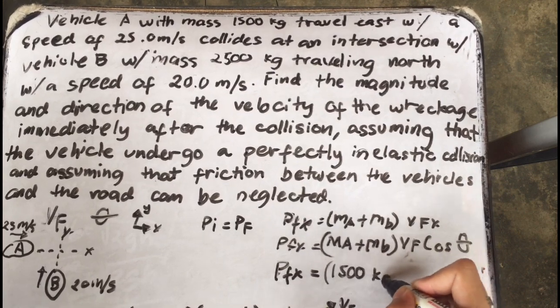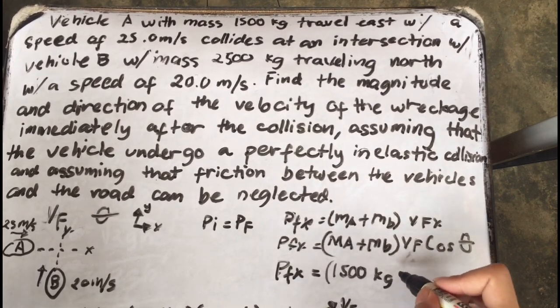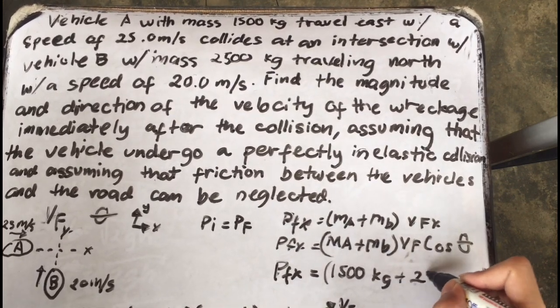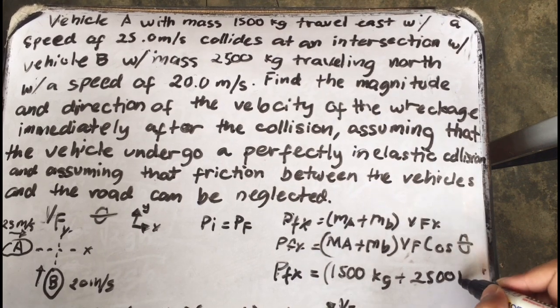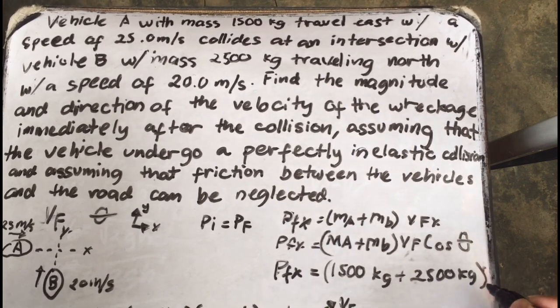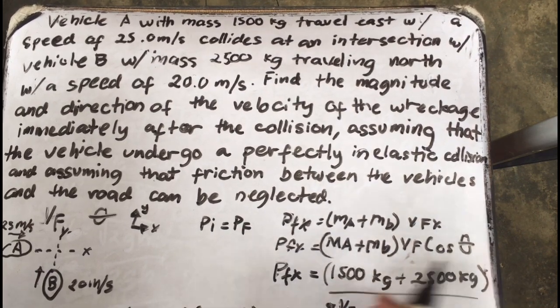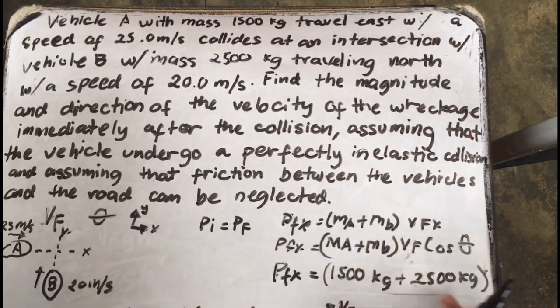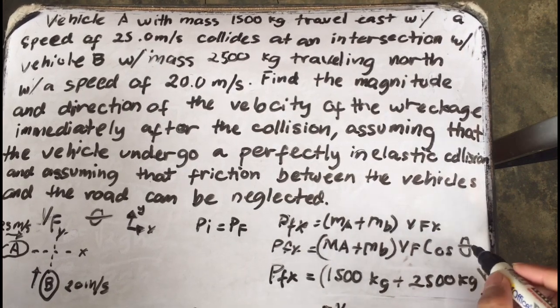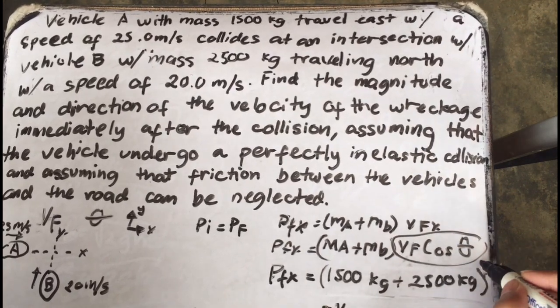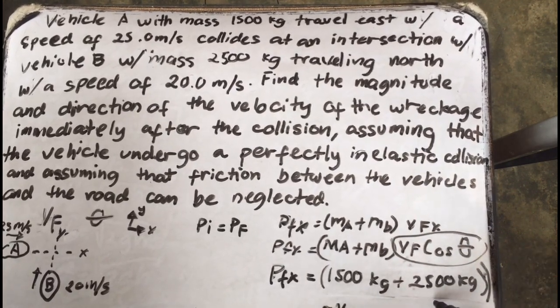Yung mass A is equal yan sa 1,500 kg plus 2,500 kg over, nandito ay cos theta, times yung ating final velocity.